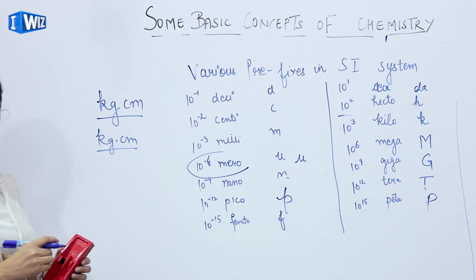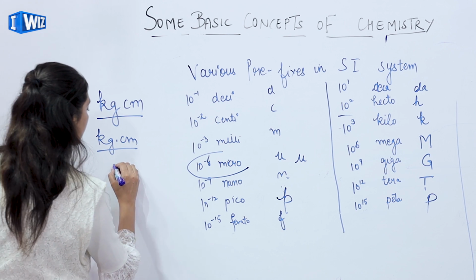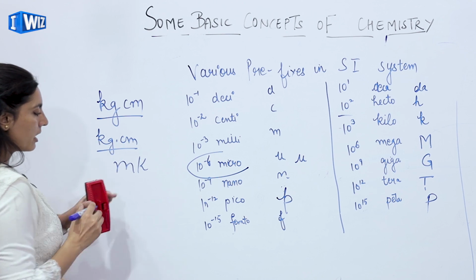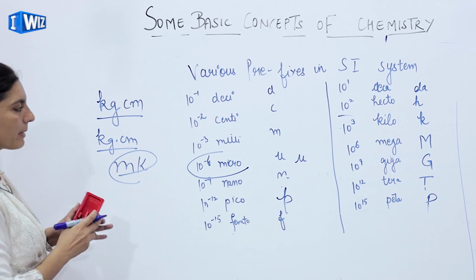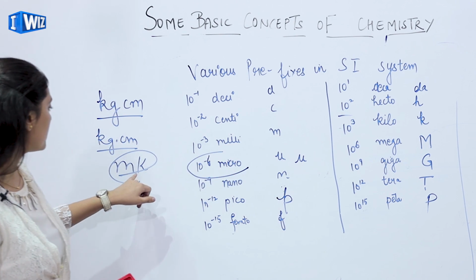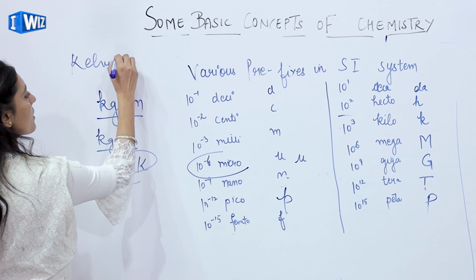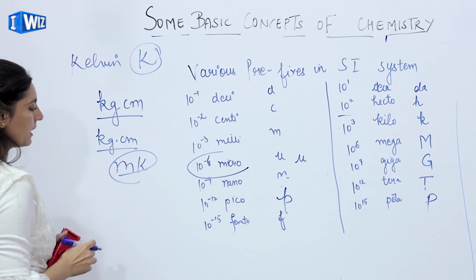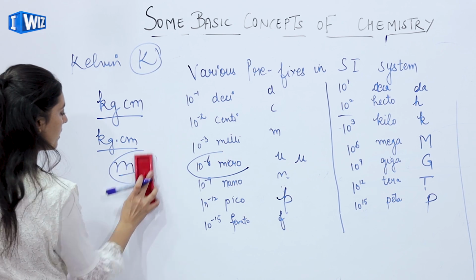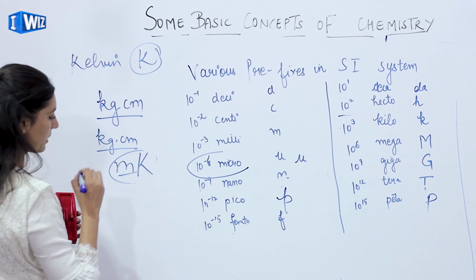Kilogram, centimeter. The other unit, let's say M and K. If I am writing it in this way, I might get it as milli and this as the Kelvin, because Kelvin, which is a unit of temperature, is represented by K. Fine, if I am writing it this way, M and the capital K, let's talk about it.